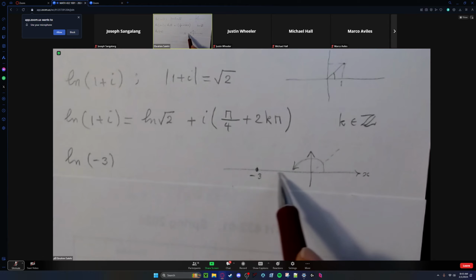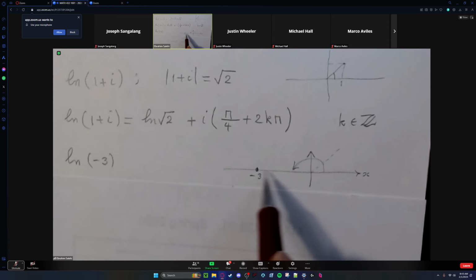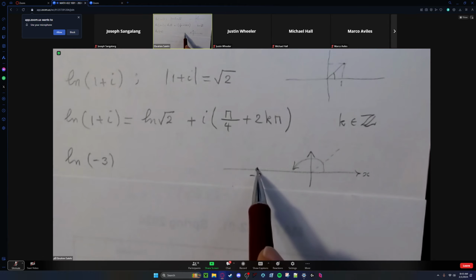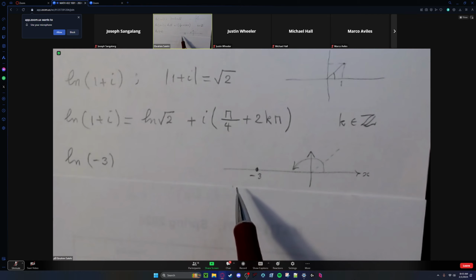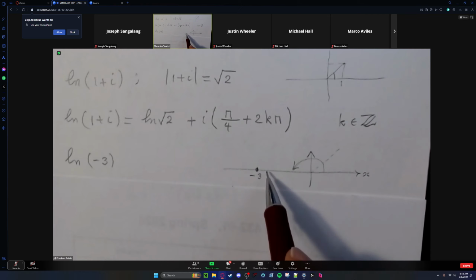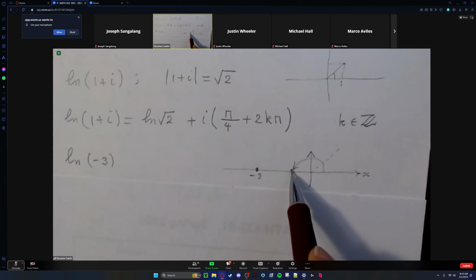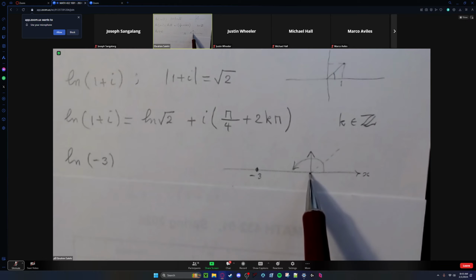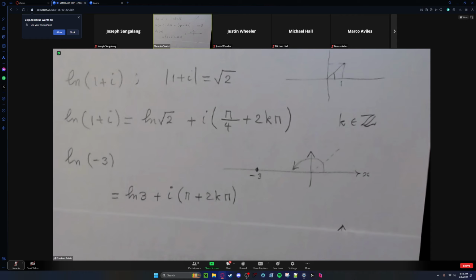And when it comes to this negative direction of the x-axis, the argument, or principal argument, is π. Okay, π. And the modulus is 3. So all values of the logarithm are: natural log of the modulus, plus i times the argument, where π is the principal argument, plus 2kπi. Okay.